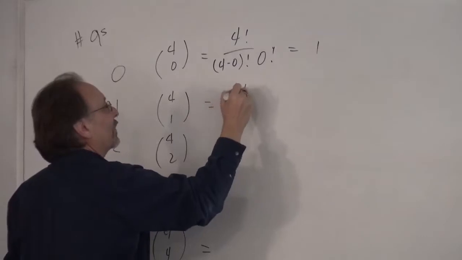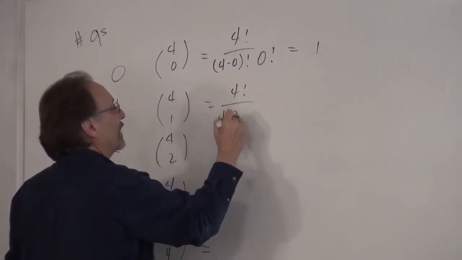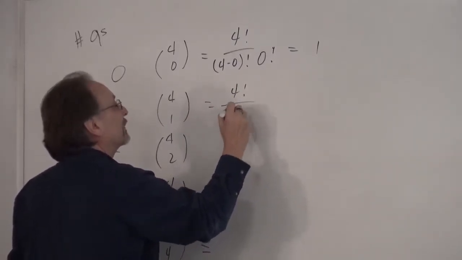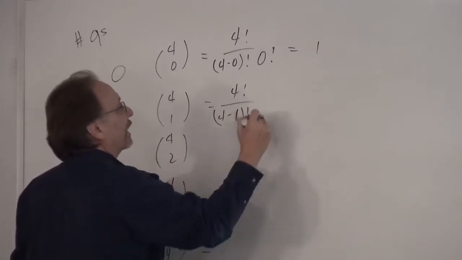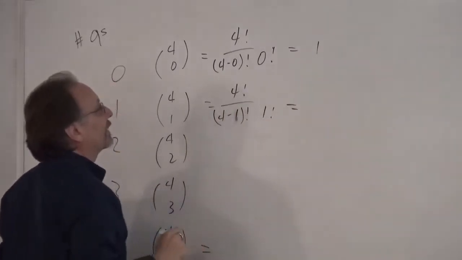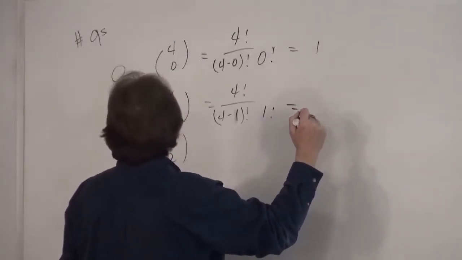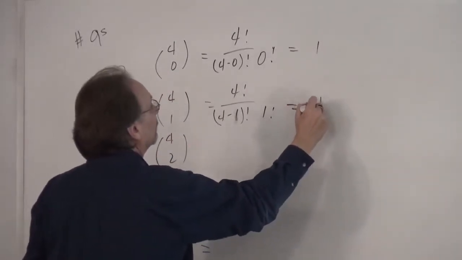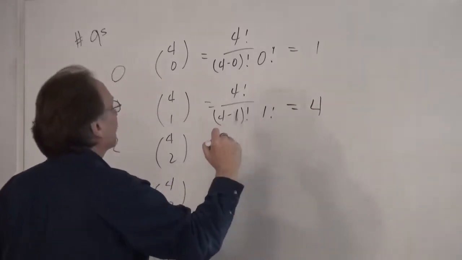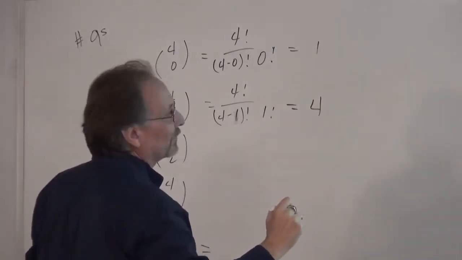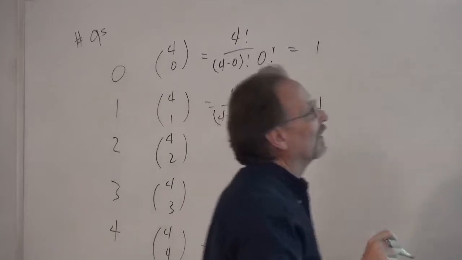This is 4 factorial over 4 minus 1 factorial, 1 factorial. So that ends up being 4. And if we count the number with 1 Q, 1, 2, 3, 4.